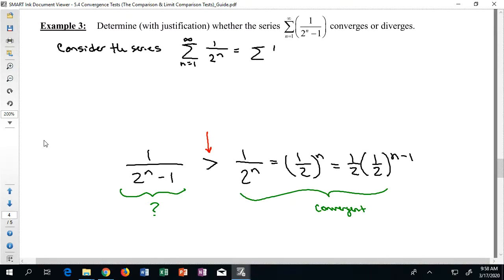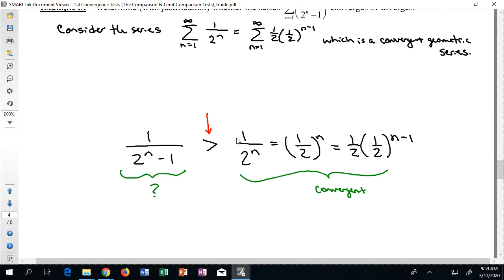Again, I know this is equal to the series 1/2 to the n minus 1, which is a convergent geometric series.